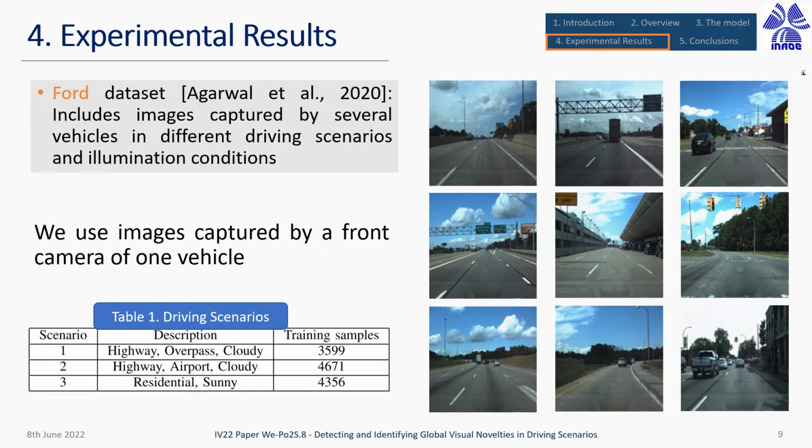We can see that scenario 1 contains a cloudy scene with mainly highway views. The second scenario also contains highway views, but adds visual information in airport scenarios.